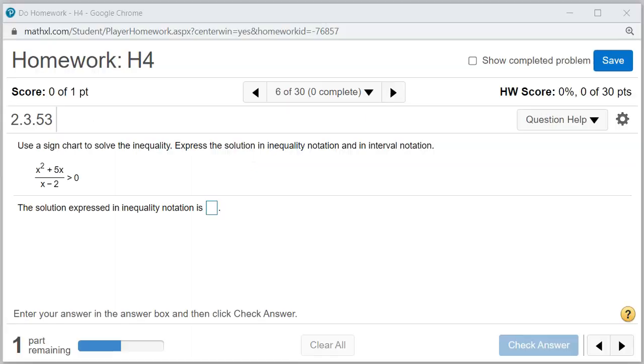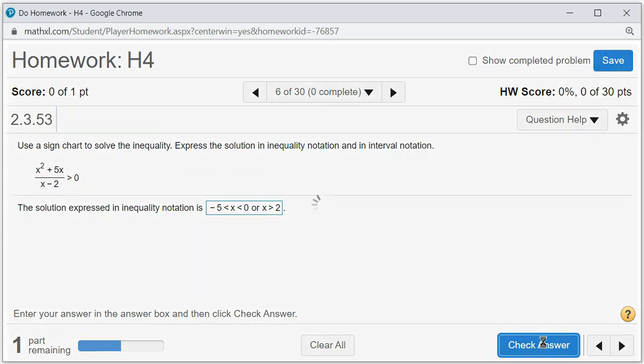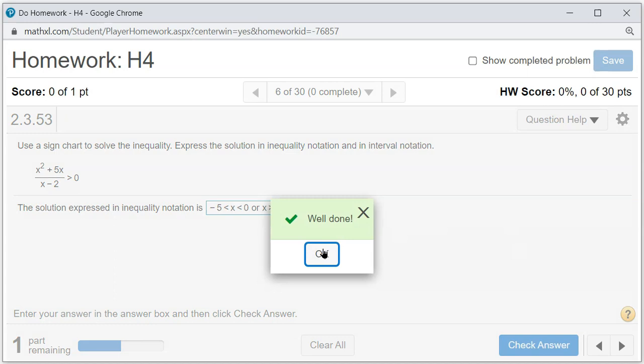The solution expressed in inequality notation is: x is greater than -5 and less than 0, or x is greater than 2. Let's check the answer. We got that.